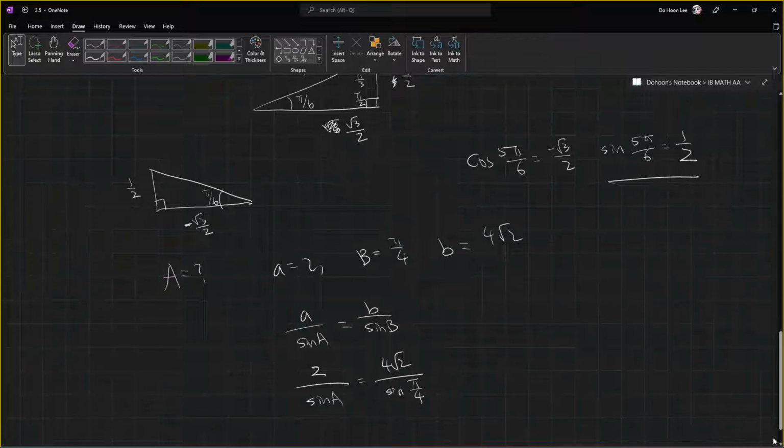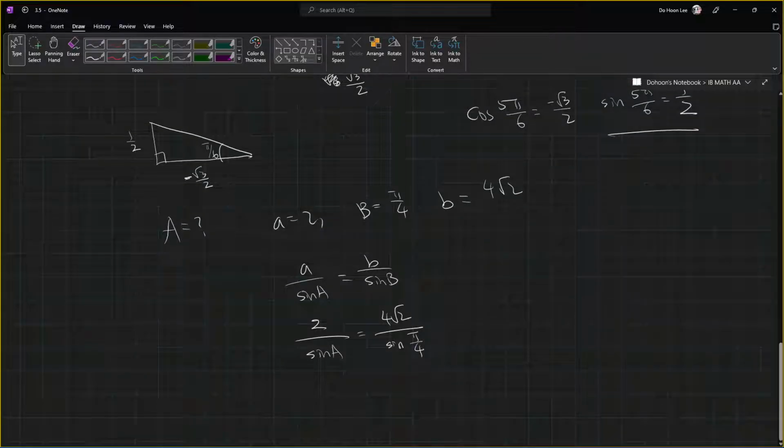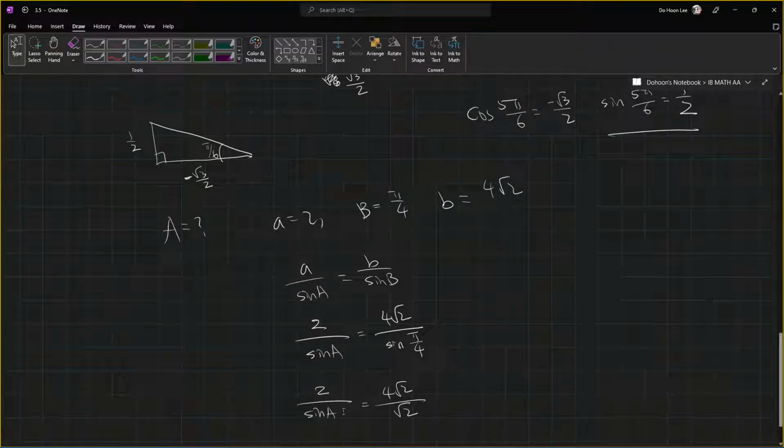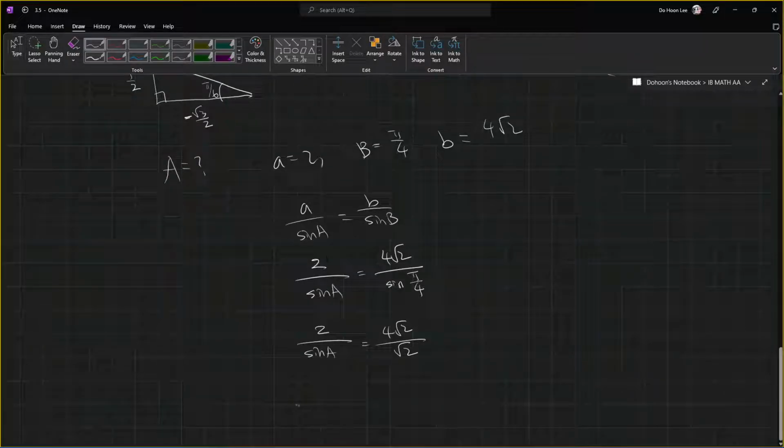And if you have tried to make the exact values of the multiples of pi over 4, I know that sine pi over 4 will be root 2 over 2. I can say that 2 over sine A is 4 root 2 over root 2 over 2. Then when we solve for sine A, we know that we get 1 over 2.